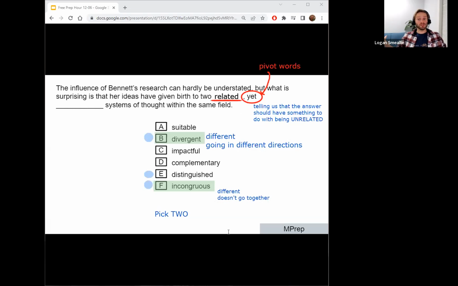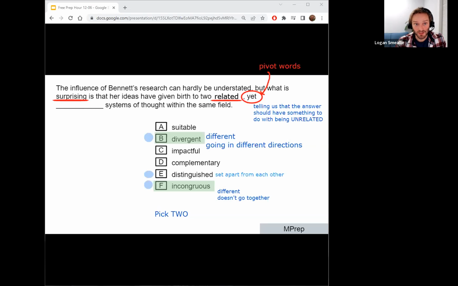Both of these match the sentence, right? It's surprising, that's another key word in the sentence, surprising that both of these fields of thought came from the same person. So it makes sense that those would be two things that don't go together, or that are going in different directions. Whereas distinguished just means maybe set apart from each other.